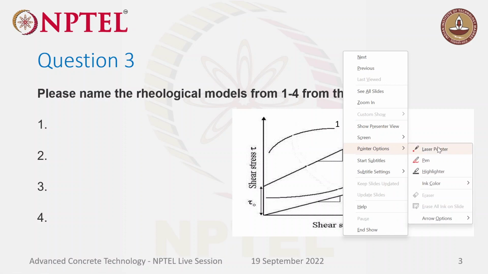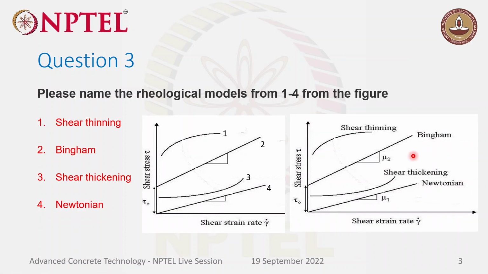Before going to the next question, we'll see the answers here once again. I've hidden the names of the models from the lecture, and I've just posted the slide directly from the lecture. So here, one is shear thinning. Let me start from the Newtonian model, so it's very easy to follow.